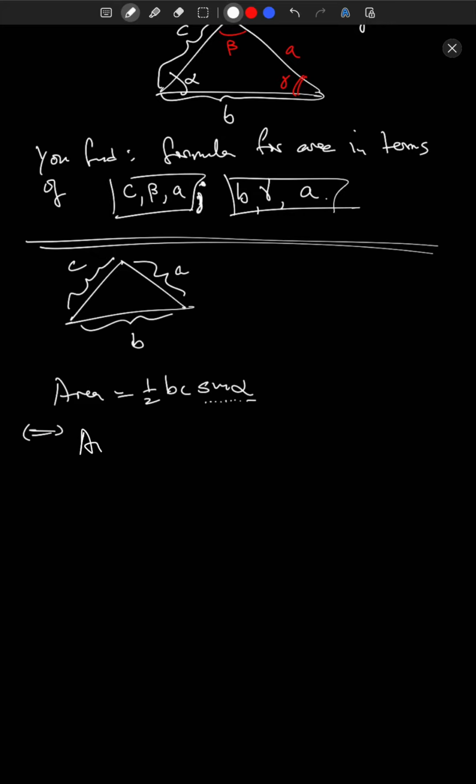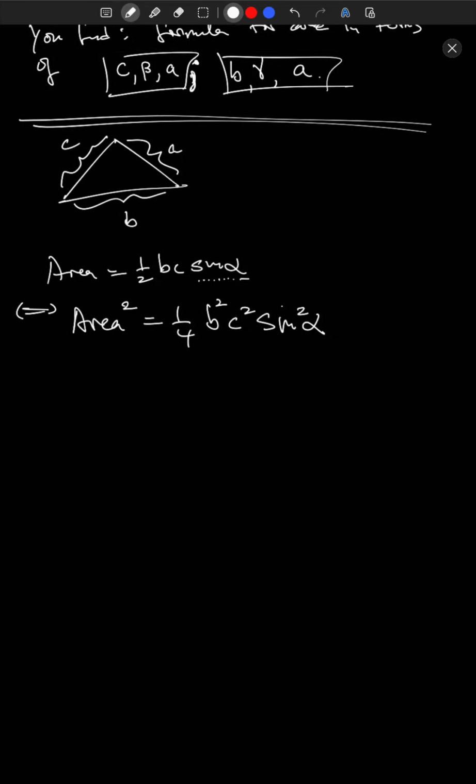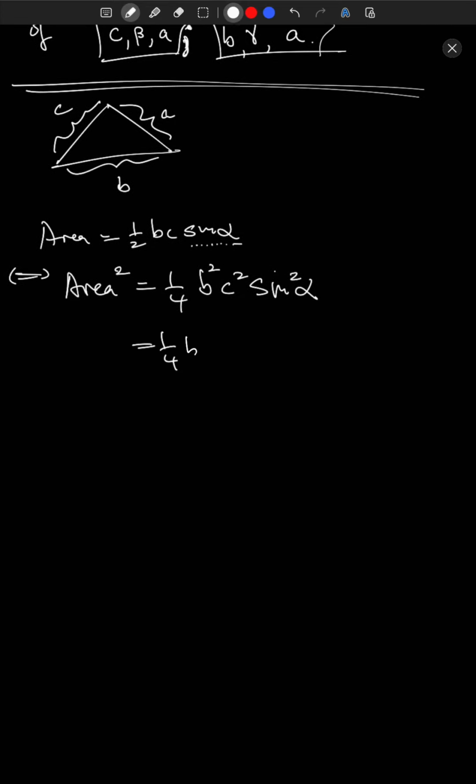So this tells me the area squared is 1/4 b squared c squared sine squared alpha. Okay, and let's rewrite that as 1/4 b squared c squared times (1 minus cosine squared alpha). Again, this looks terrible. It looks even worse than our initial formula. But our strategy is that we know the cosine squared can be converted into something nicer.